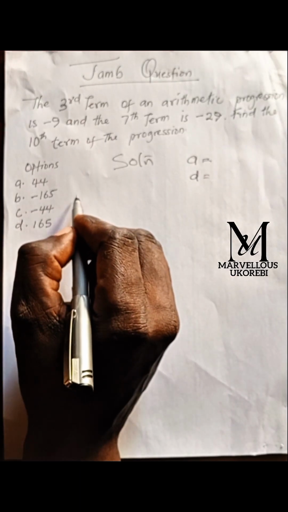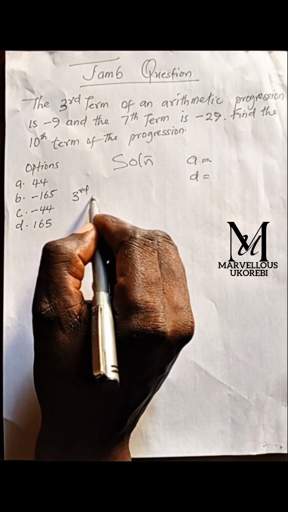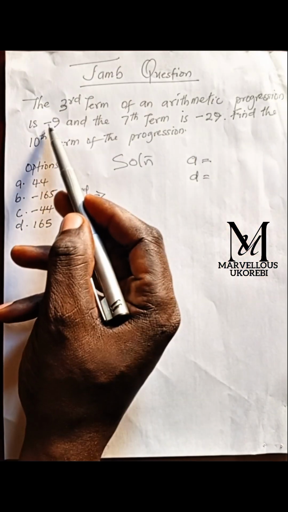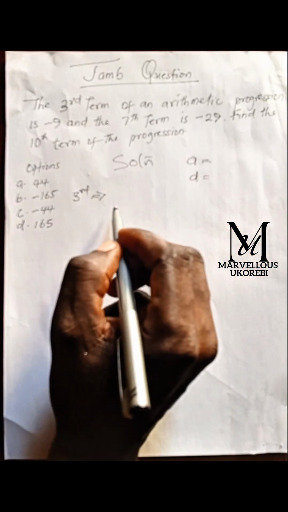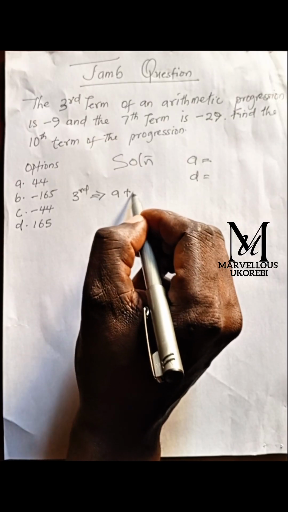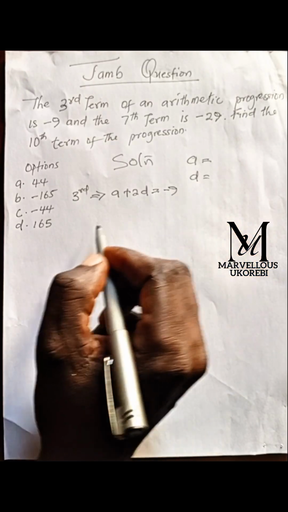First, knowing the third term, we are told that the third term is -9, and the formula for the third term of an arithmetic progression is a + 2d, and we are told that it is equal to -9.